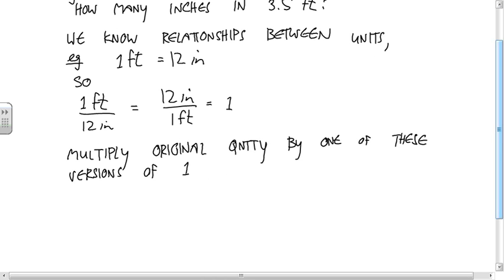So in our example, our original quantity is 3.5 feet. And we're going to multiply that by 12 inches over 1 foot.